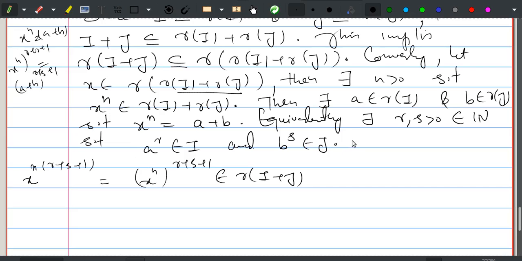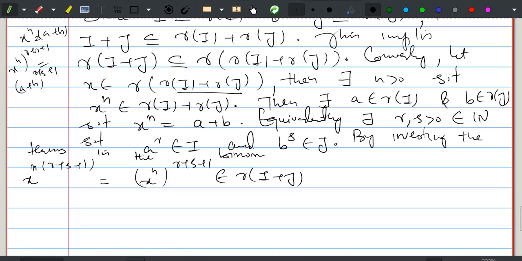So by investigating the terms in the binomial expression of x to the power n power r plus s plus 1, we have this thing.